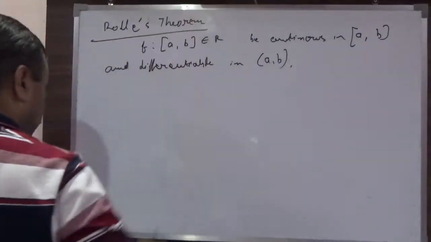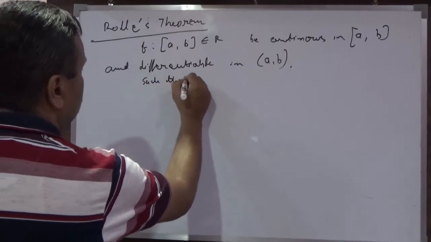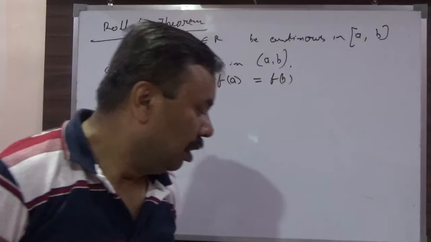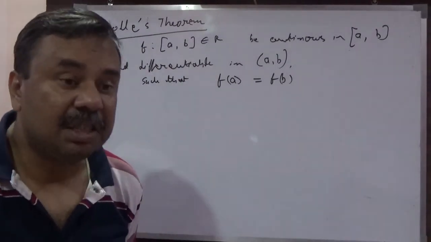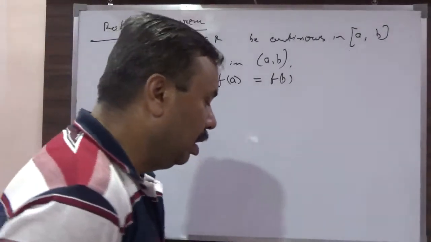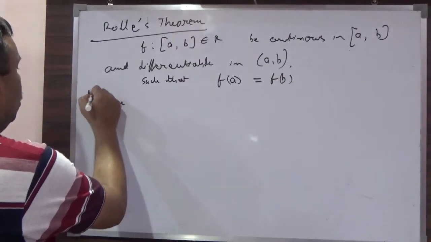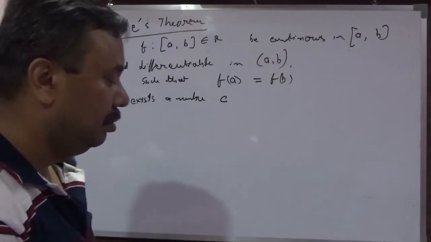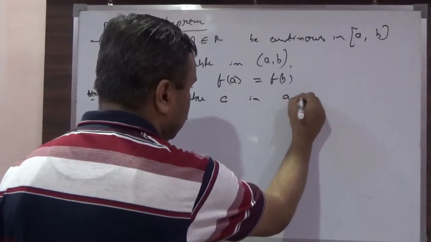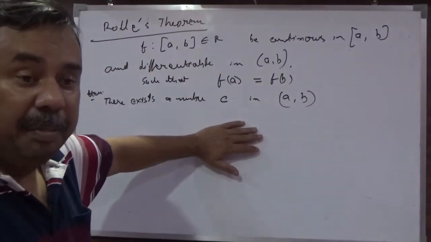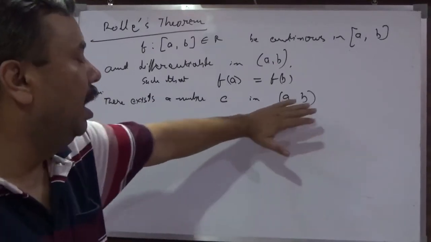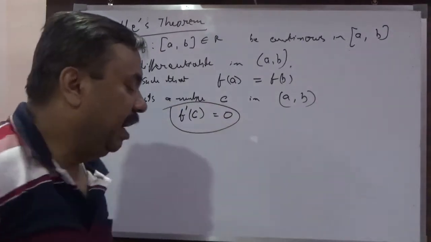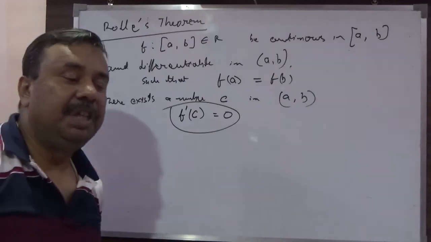Okay, then there exists a number c between a and b, in the open interval, that means greater than a and less than b, lying between a and b somewhere, where f dash of c is equal to zero. f dash of c means the value of the first derivative of the function at this point.